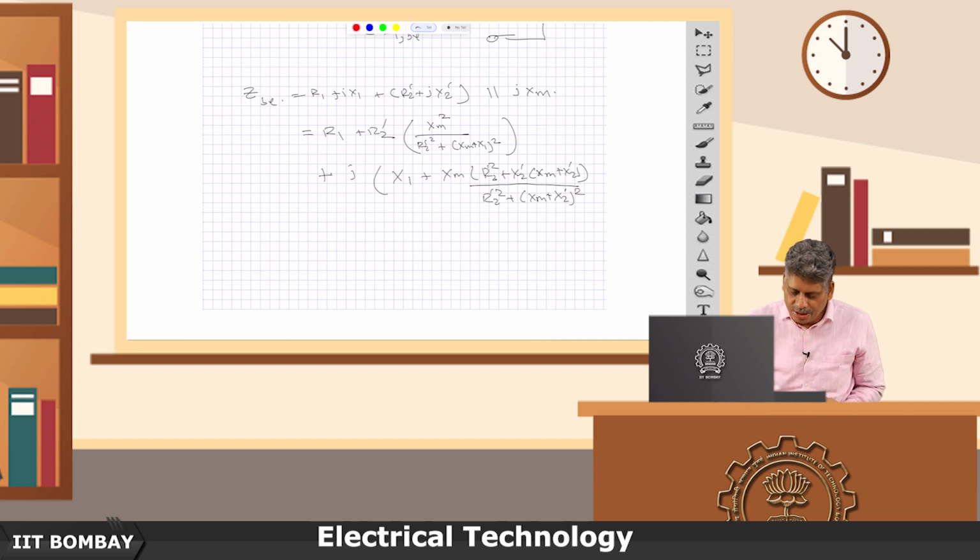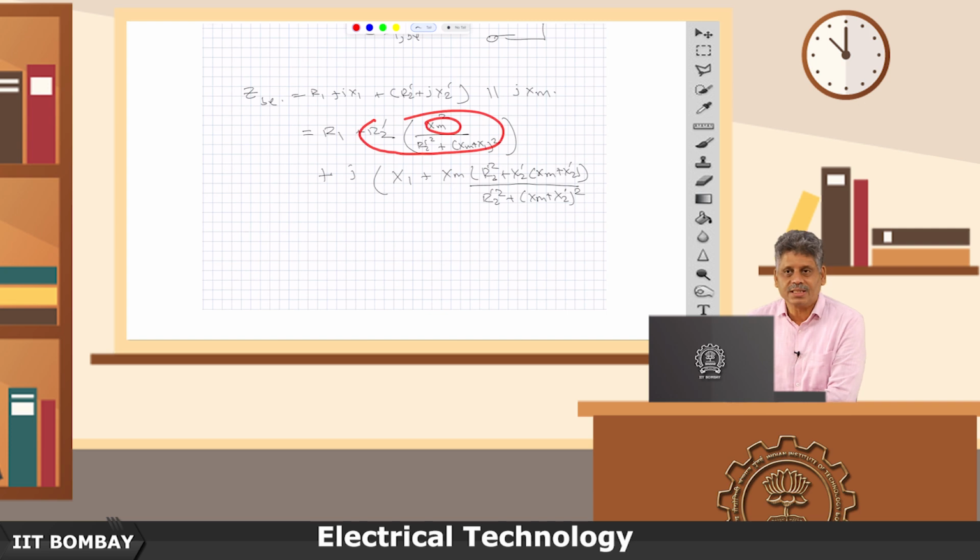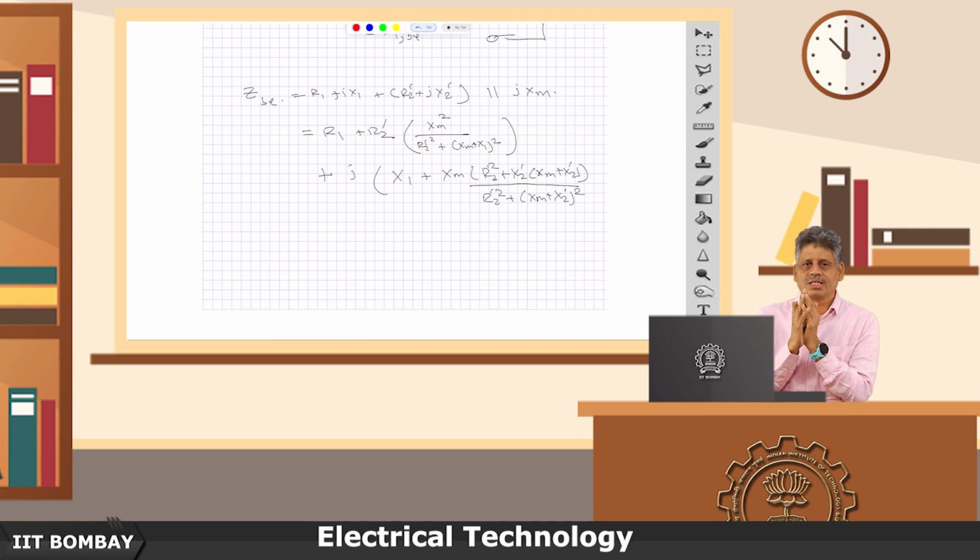And see, because the Xm was in parallel with R2 dash plus jX2 dash, when you take that equivalent, it shows that the resistance part reflects on the reactance side also, and the reactance part also reflects on the resistance side. This is because of the series parallel combination of the R plus jX branch with the jXm branch. So, it is not very surprising.